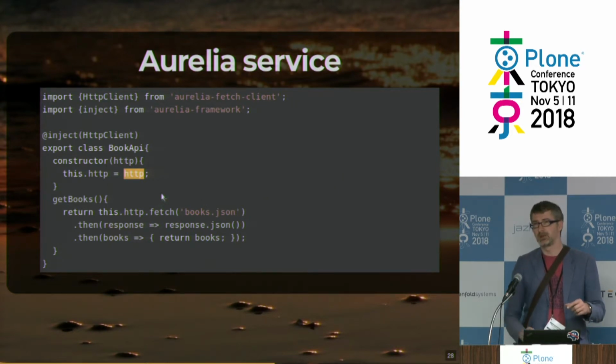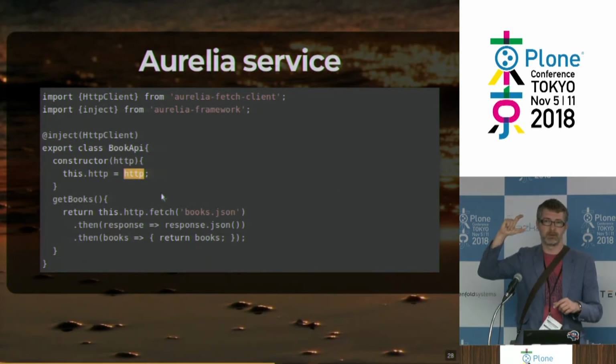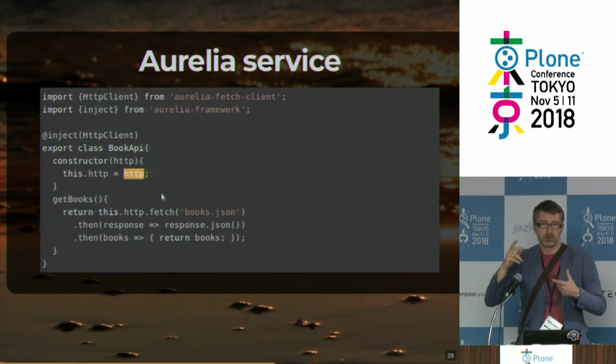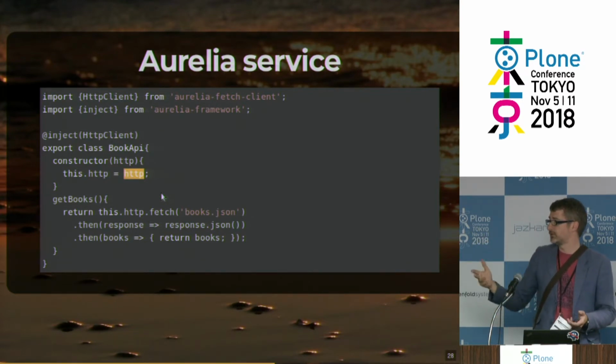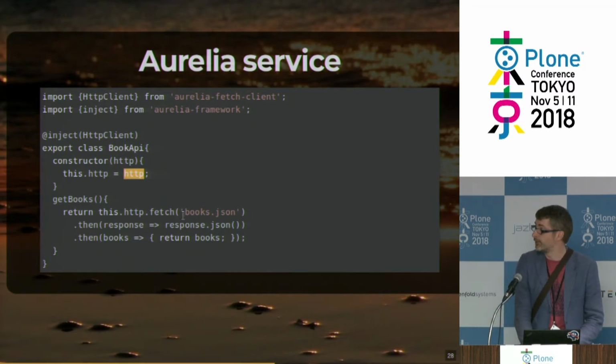What you don't see here is one small configuration part where you say my default backend URL is this, and you can make some settings to configure once for the whole app how you talk to the backend. You can have multiple backends if you want, but in this case, for every call you just do like this. Then you get a promise, unpack it, and return it.